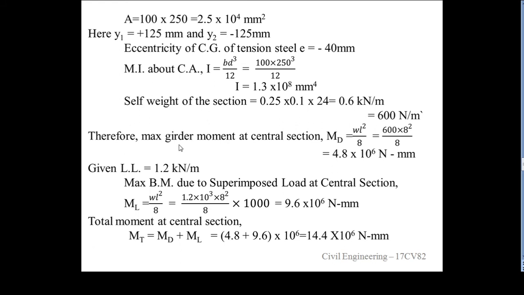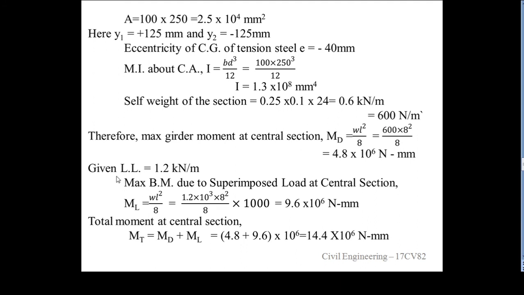Therefore, maximum bending moment at the central section, MD, is equal to WL square by 8, that is 600 into 8 square divided by 8, which means 4.8 into 10 raised to 6 Newton mm. This is the moment due to dead load. Okay, only for dead load, that is self weight, it will be calculated using this formula.